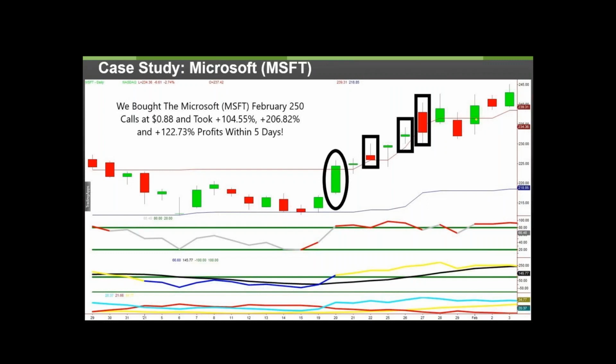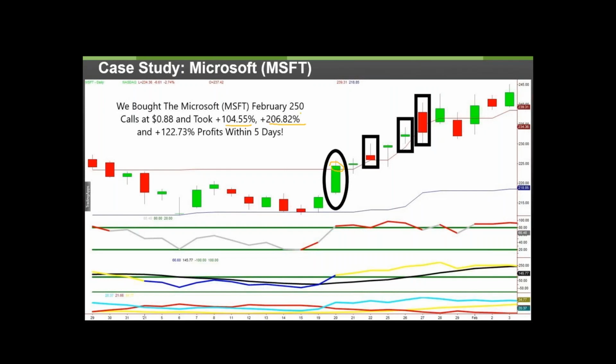You can see it broke out right in about the middle of January here. And as it broke out, that was right when we picked it up. It's like everything was signaling for us right off of that little break above this big trends band. You can see in just a couple days, we managed to pick up 104%, and then we got our 206% target there on the fourth day.